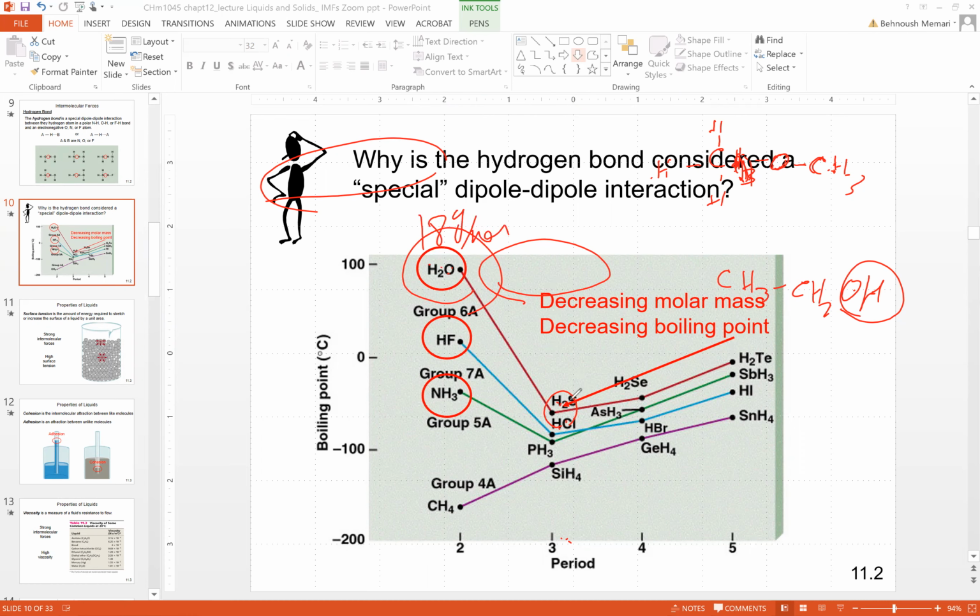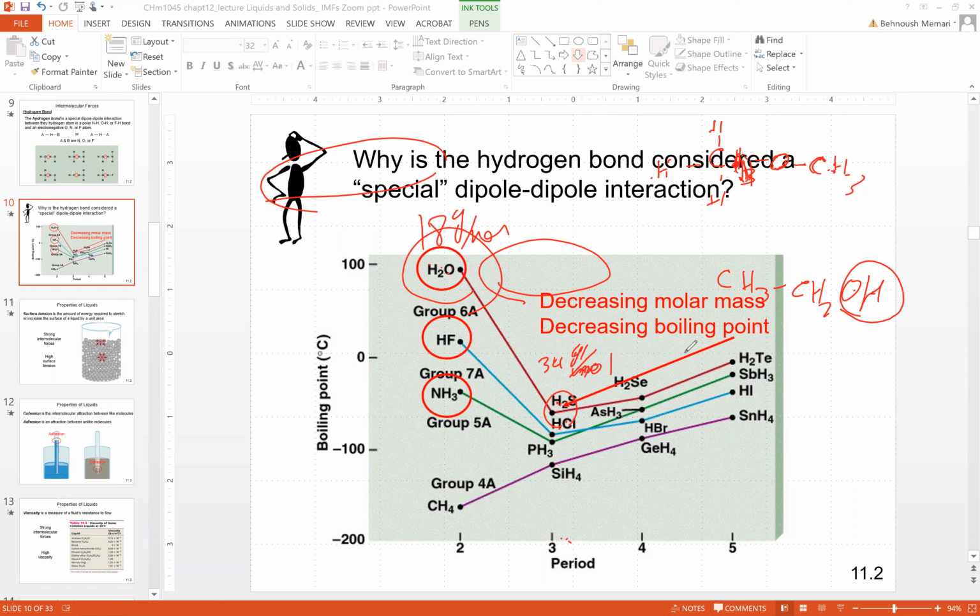But molar mass for H2S, that's 32 plus 2, is 34 gram per mole. So if both of them are just polar compounds, and they are just based on the molar mass, H2S must have higher. But since H2O has hydrogen bonding, and hydrogen bonding is a very strong intermolecular force, H2O has unusually higher boiling point compared to H2S.